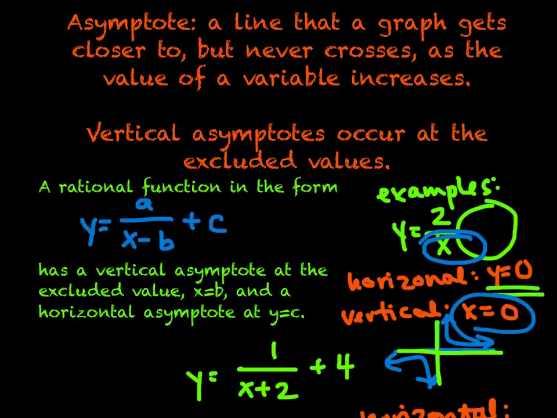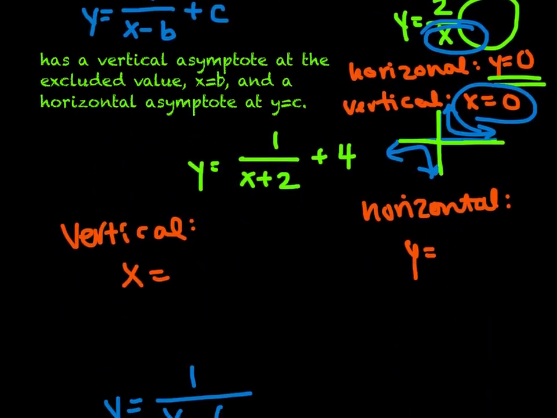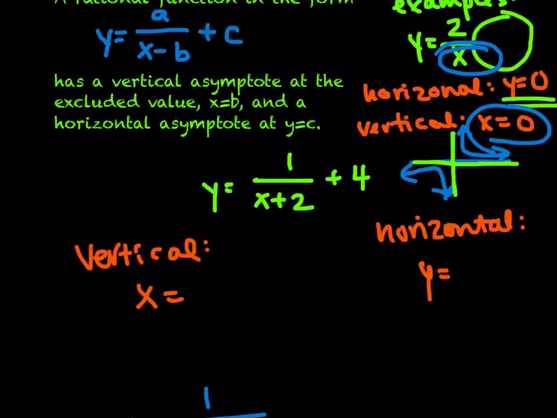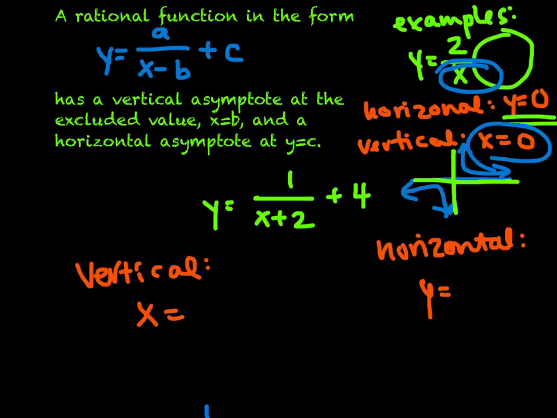So let's look at another problem where this is a little more obvious. We have y is equal to 1 over x plus 2, plus 4. So our vertical asymptote is the x value that is needed for this bottom part of the equation to make all this bottom part undefined.